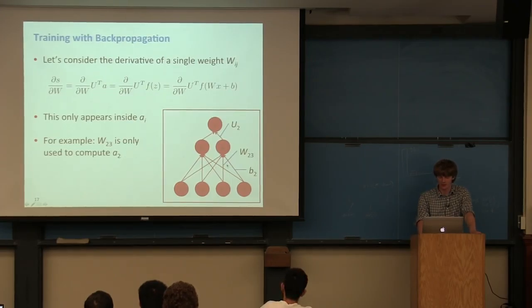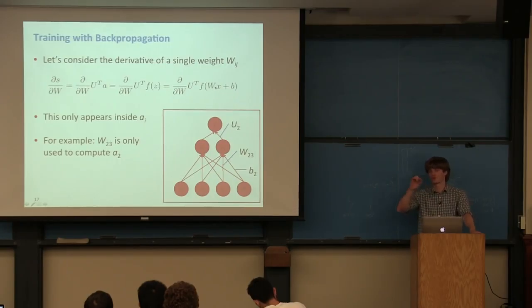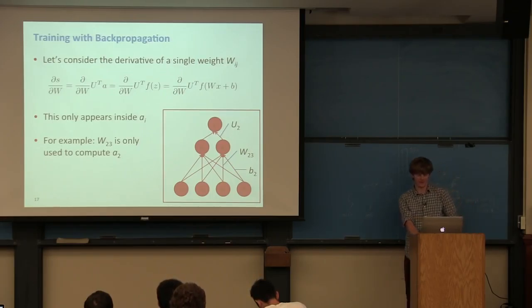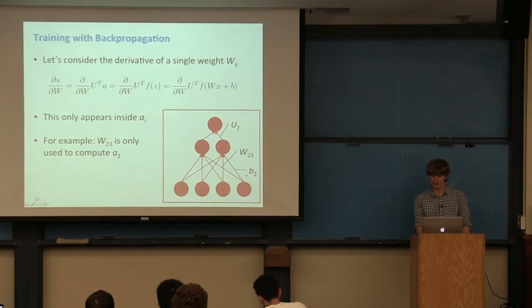You can look at this graph, but you can also think, okay, a2 is the second row of this matrix multiplication, and of course only the second row of W appears in that computation for a2. In general, W_i dot is the ith row of W, and hence appears in the ith activation of the next hidden layer. And here we use this notation of assuming that every input has a +1 for a bias unit. So this connection right here we would call b2.